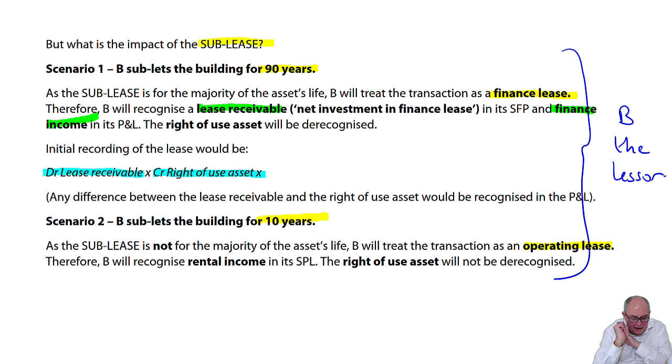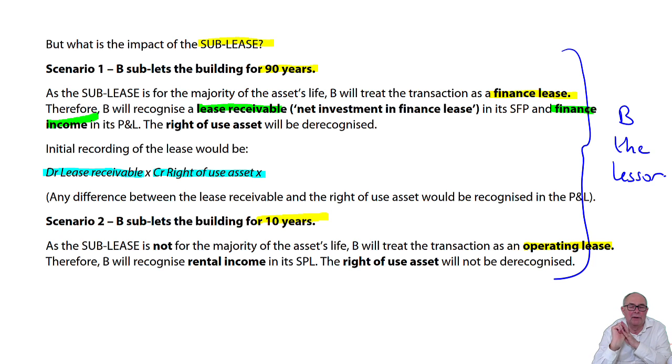If, however, B is subletting the building for a short period of time, it's an operating lease. So remember, when you think about a company that rents out cars, they rent them out for the weekend or whatever, or for a short time. They leave the car in the balance sheet, don't they? Like Avis or Hertz or whatever.